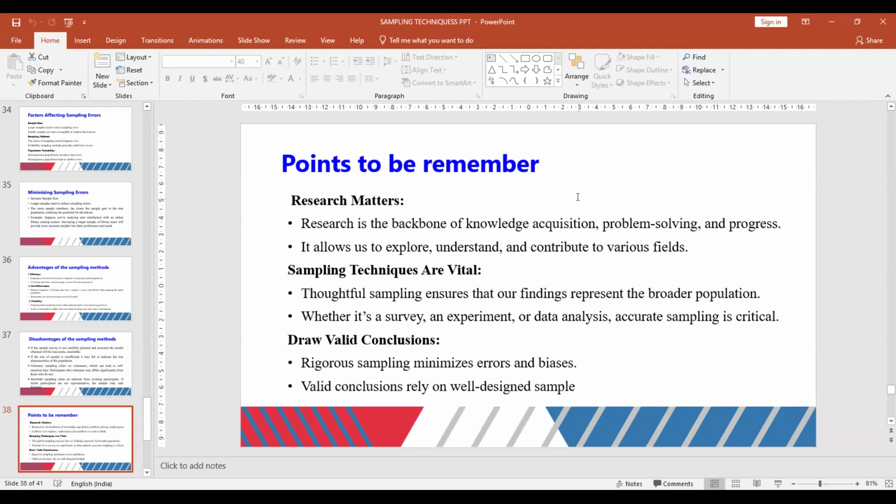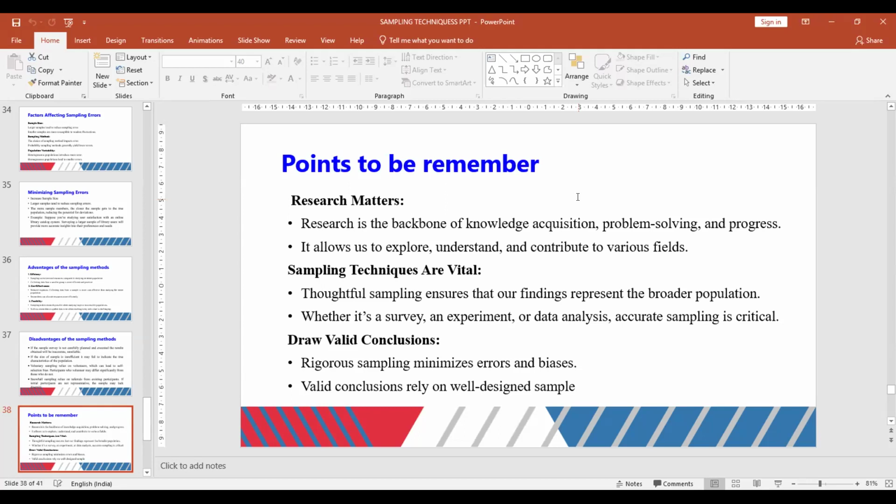Another point: the sampling techniques are vital. Thoughtful sampling ensures that our findings represent the broader population, whether it is a survey, an experiment, or data analysis. Accurate sampling is key to drawing valid conclusions.